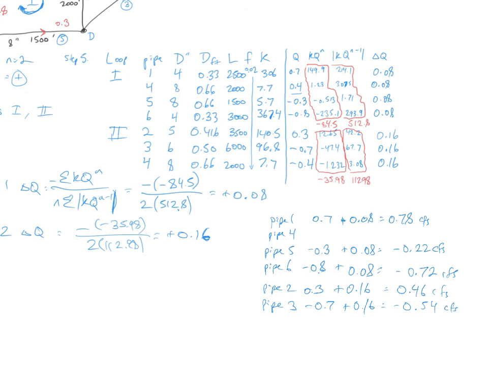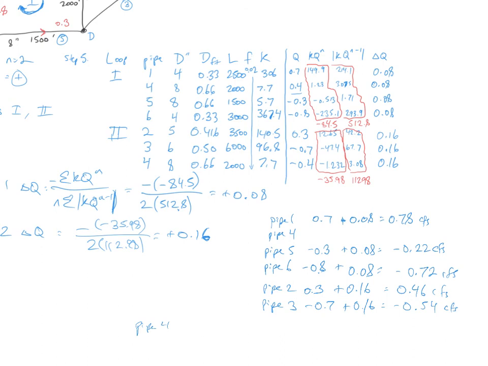Okay, the trickiest part is pipe 4. Pipe 4 is included in both loops, and so we have to apply both corrections at the same time. The trick is the sign on those corrections. So we look at pipe 4. In the top, pipe 4 has a flow of 0.4, and in the bottom, in loop 2, it has a flow of negative 0.4.